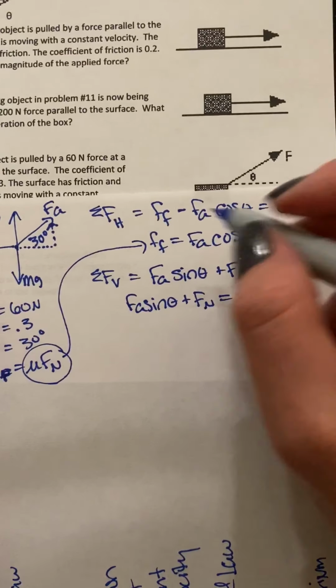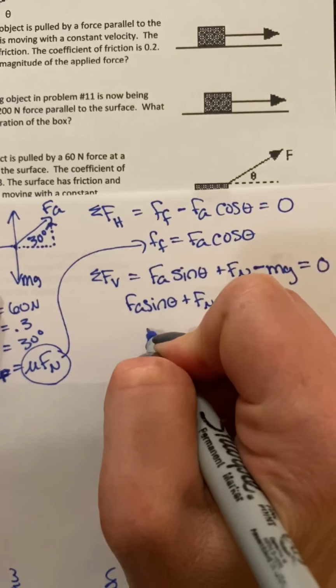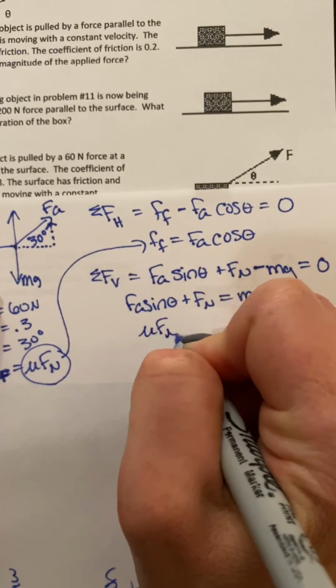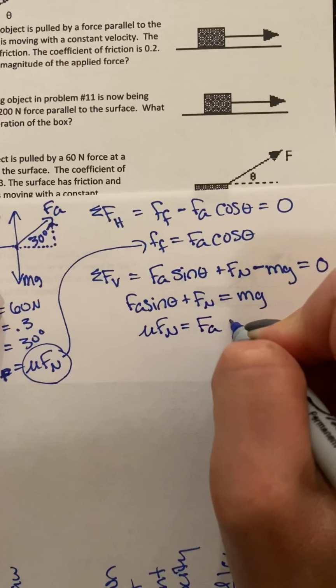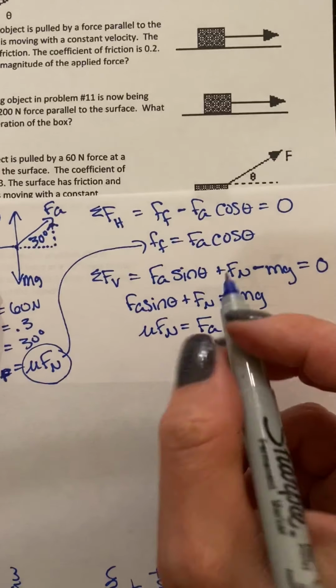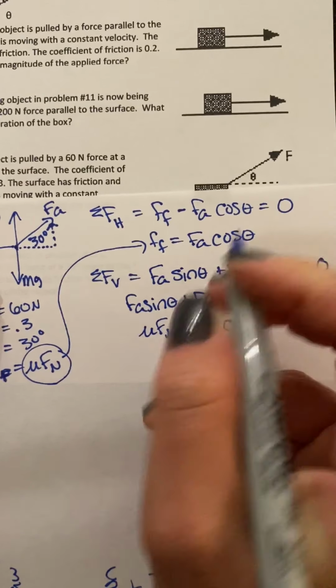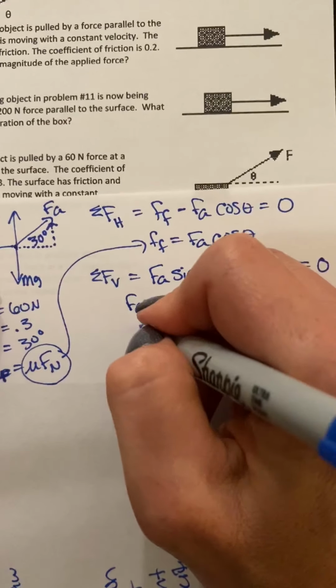Because I ran out of space, I'm going to write that equation down here. So my mu times force normal is going to be equal to FA cosine theta. And I'm going to do some substitutions. I want my force normal by itself, so I'm going to divide both sides by mu.